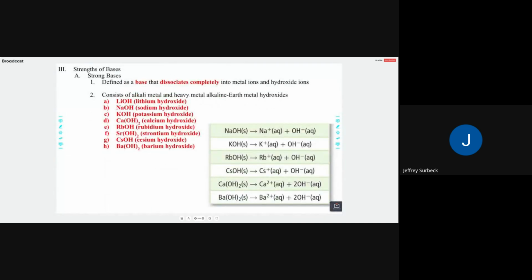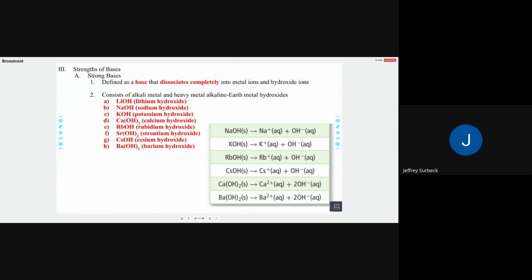Now, on the flip side, we talked about acids. Now we can talk about bases. Again, the easiest way to remember this, our strongs, you are going to have to memorize. Now, strong bases dissociate completely. Again, I want to take a look here on this chart. All of these arrows are one-sided single arrows. It's an important detail that we notice this.